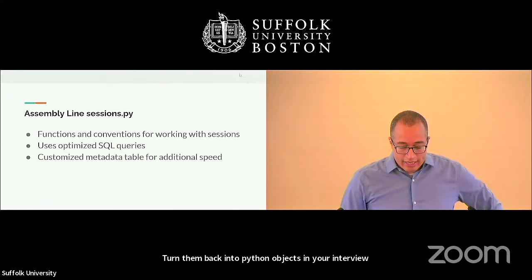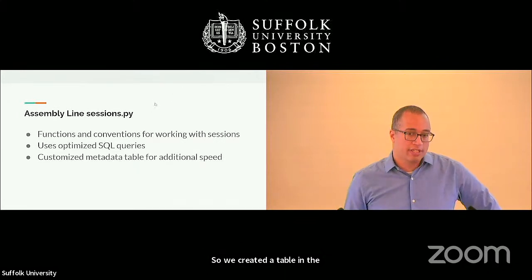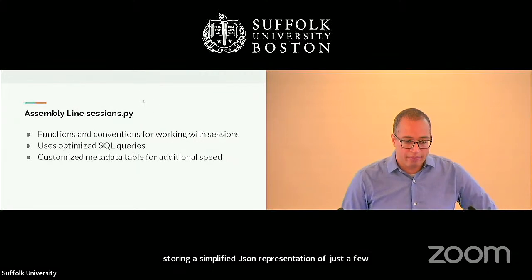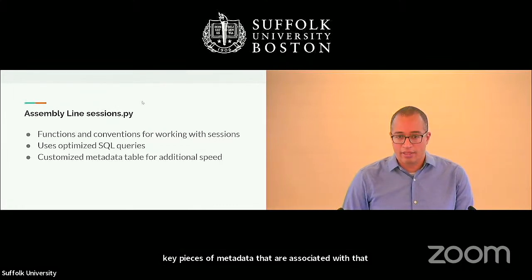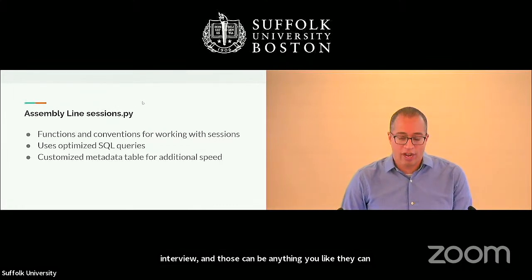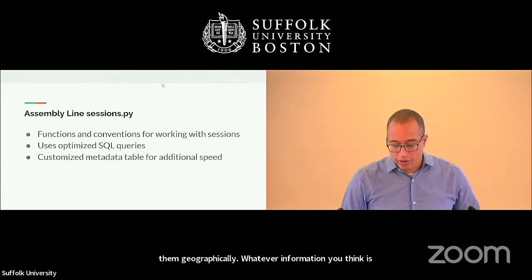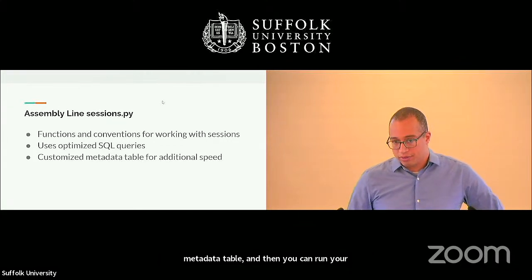So we created a table in the database where it's just storing a simplified JSON representation of just a few key pieces of metadata that are associated with that interview. And those can be anything you like. They can be a tag, can be a zip code maybe if you want to filter them geographically. Whatever information you think is important to store as metadata, you can store in that metadata table, and then you can run your query against all of those facets.